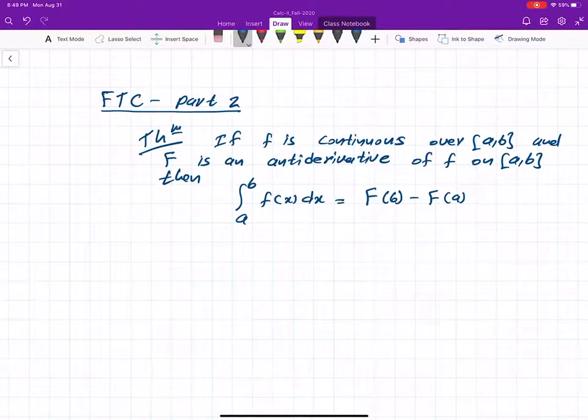This is something you already know, right? This is just integration. Let's say this is the given problem: you have to integrate f of x from a to b.